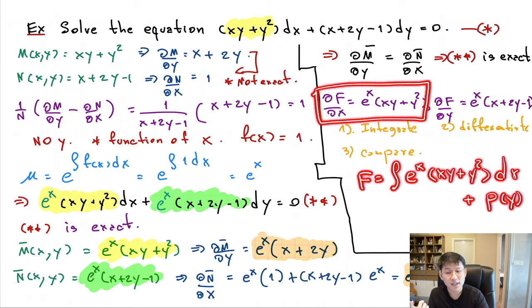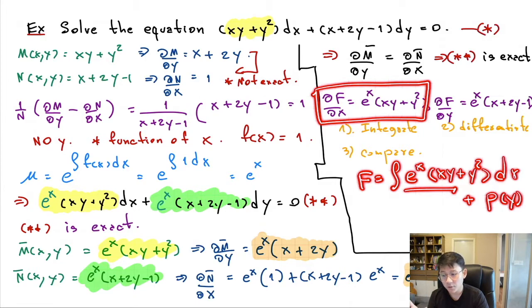But to integrate this function, it is e to the x times x, right? In that case, you need to use integration by parts, and that is relatively harder. It's not hard, but it's relatively harder.